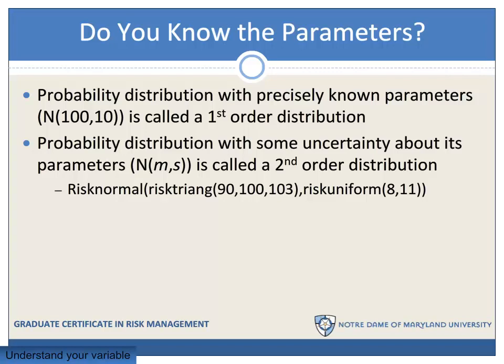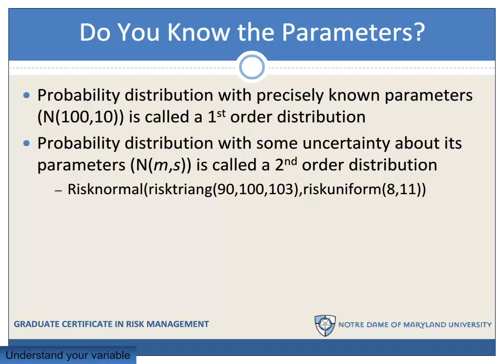Well, a probability distribution that has precisely known parameters is called a first-order distribution. So, for example, if we have a normal distribution with a mean of 100 and a standard deviation of 10, we know the mean is 100, we know the standard deviation is 10, that's called a first-order distribution.